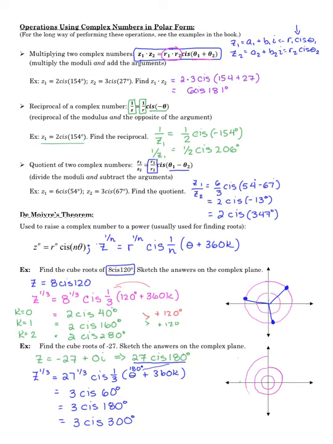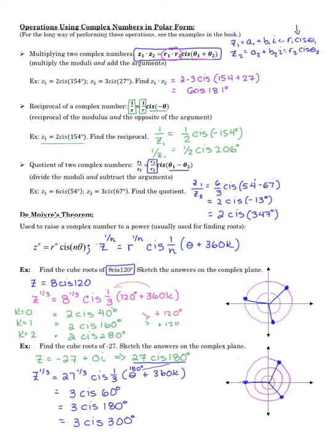I don't know why I didn't give you polar graph paper. It would have been nice. That wasn't very good, but you'll get the idea. So I'm going to go out to a radius of 3 at 60 degrees. That would be right here. And then 3 cis 180 would be right here. And 300 would be right about here. And again, they should be equally spaced.